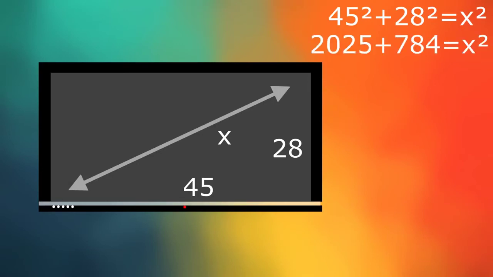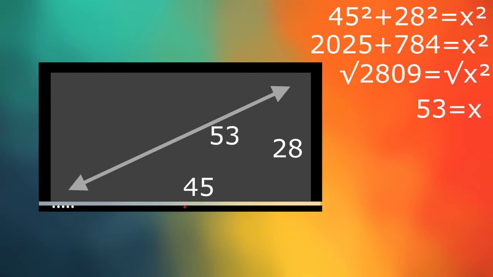Therefore, we just need to find the length of the hypotenuse. 45 times 45 equals 2025, and 28 times 28 equals 784. 2025 plus 784 is 2809. Then we need to find the square root of 2809, which is 53, and the square root of x squared is of course x. Therefore, the screen is 53 inches.